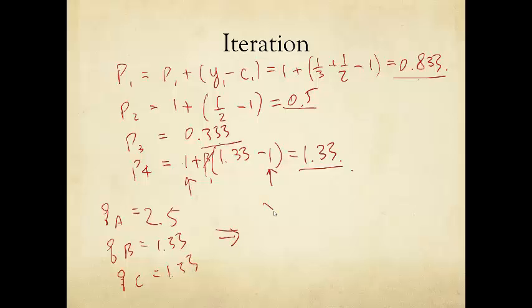This implies that next time the source rate XA is 1 over 2.5, which is 0.4. XB is 1 over 1.33, which is 0.75, and XC is 1 over 1.33, which is 0.75.